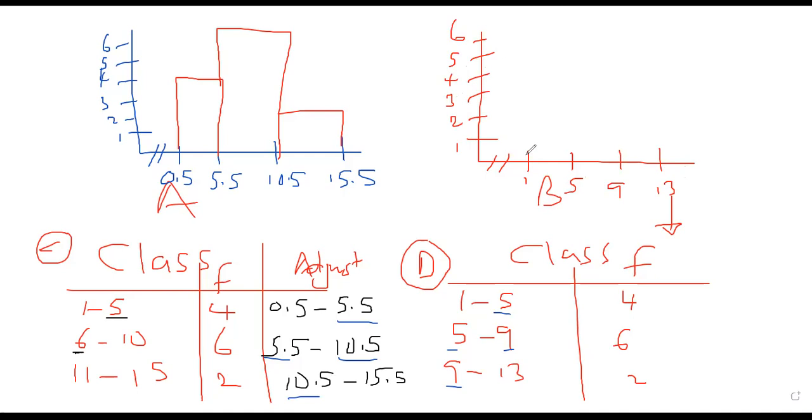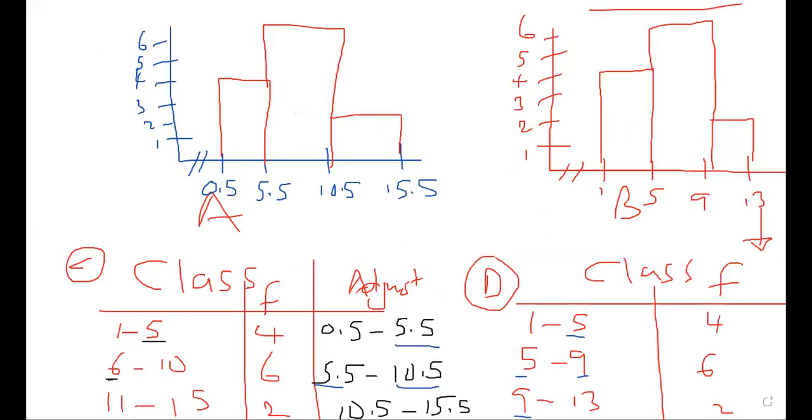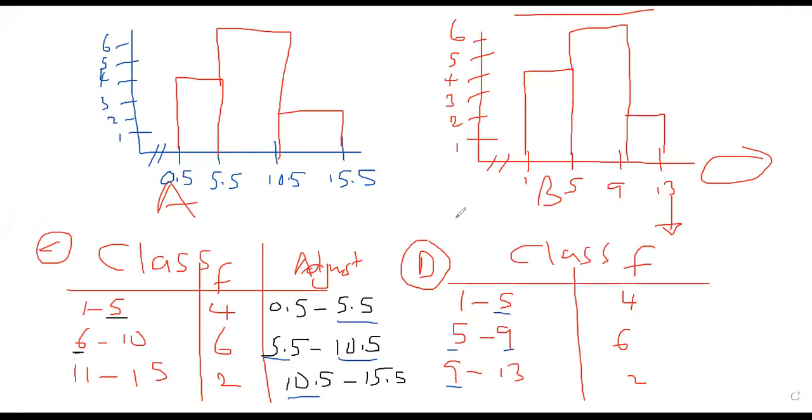So from 1 to 5, it is at 4. From 5 to 9, it has 6. From 9 to 13, we have a 2. So a histogram must have a title, whatever the title we have, a class title here. Okay. So this is very important to understand.